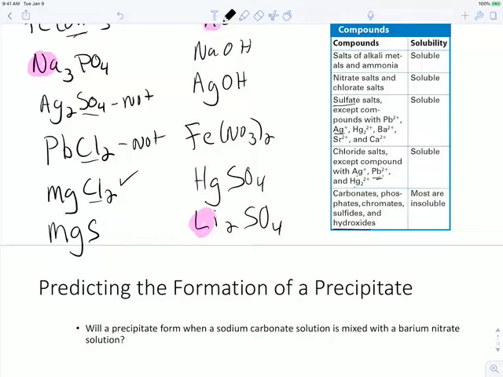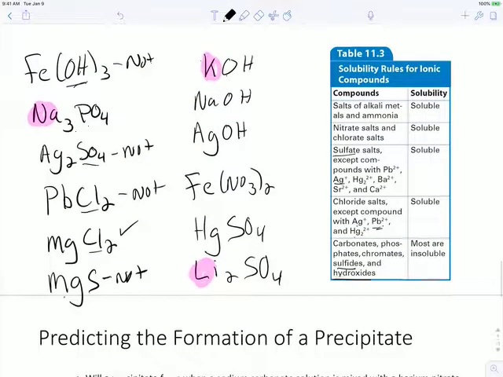Magnesium sulfide. So sulfide salts are down at the bottom. Magnesium is not group 1, so it is not a soluble compound. Oh, I missed an alkali metal. Sodium hydroxide, definitely soluble. So soluble, soluble. Okay, hydroxide again. So hydroxides are the ones that the only time they're soluble is with alkali metals. This one is not.